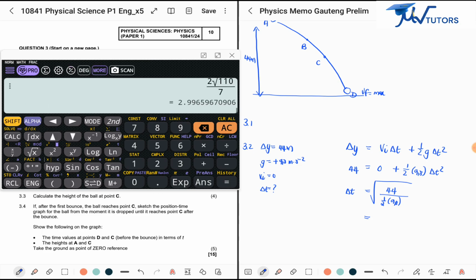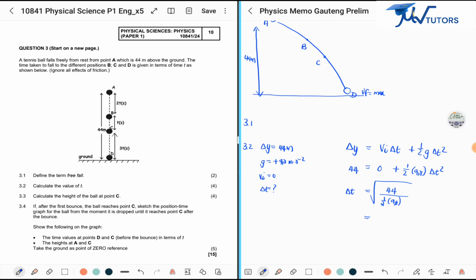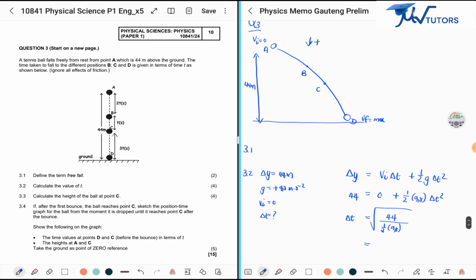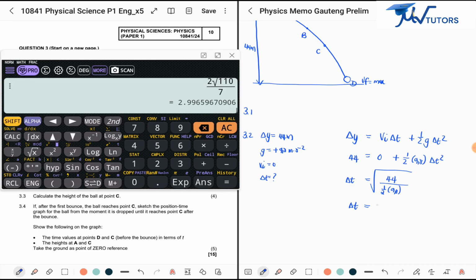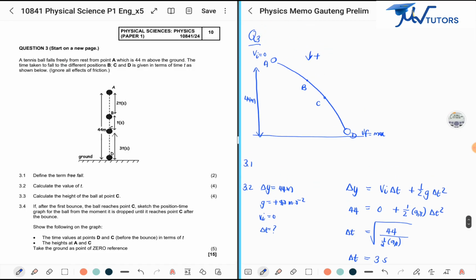Okay, and we're getting, oh wait. So our time actually is, okay, we'll get there. Let's just write delta t. It's equal to 3. I am not even going to try to round off to 2 decimal digits. We're going to get back to t. But remember, delta t, in our case, for the entire duration from A all the way to D, will be 2t plus 3t.